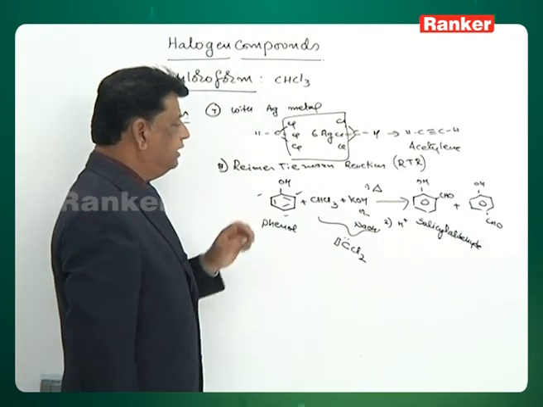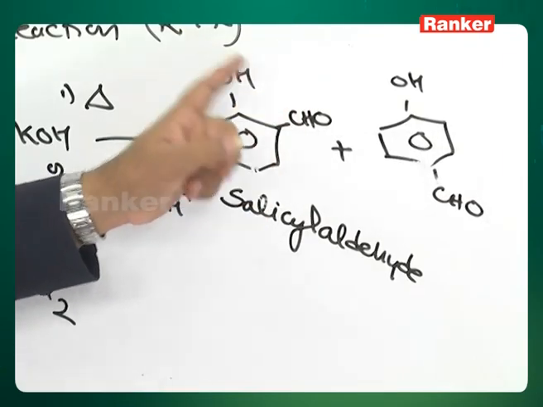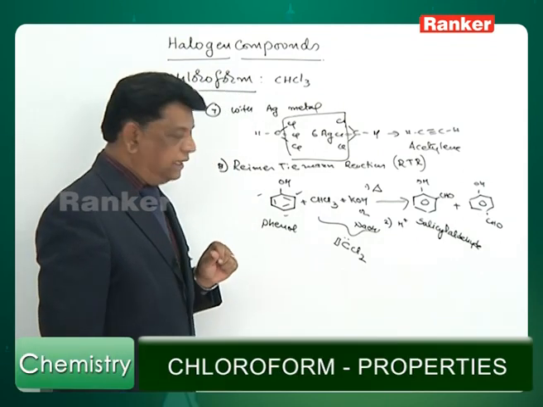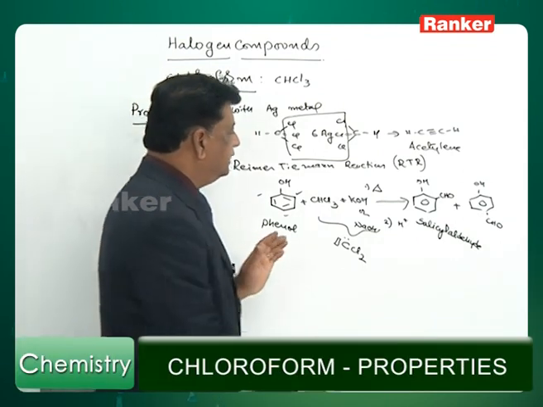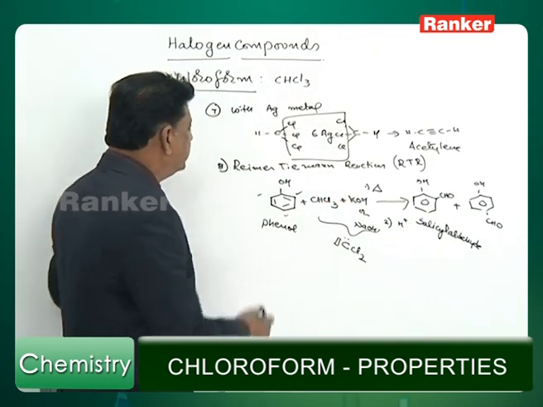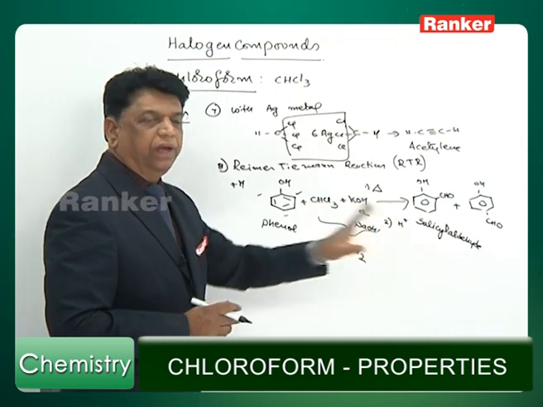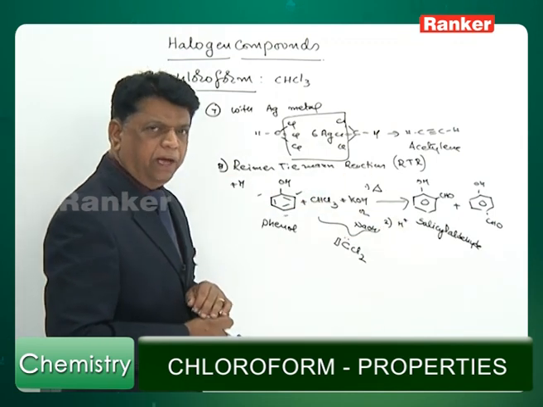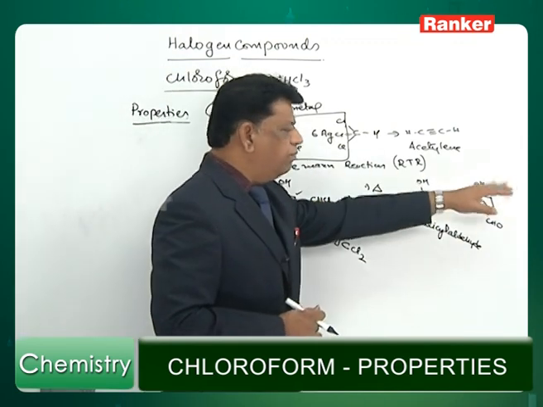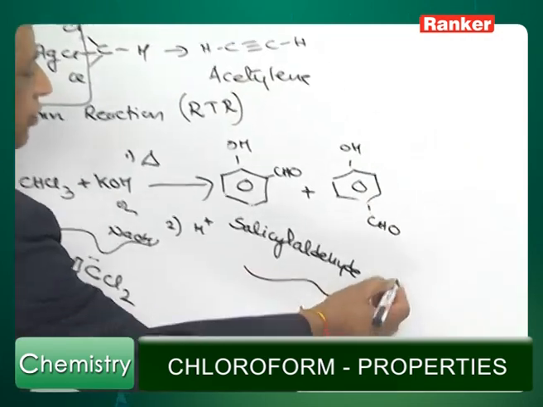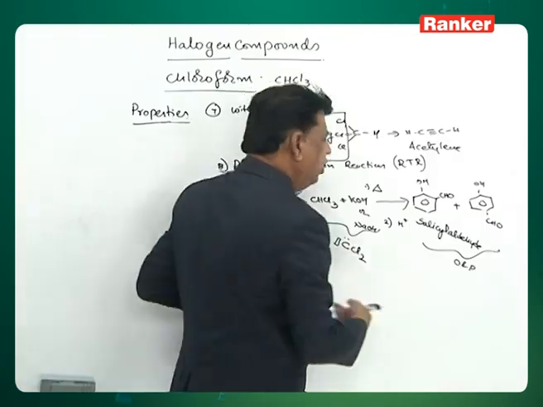The first one, this ortho isomer, is specifically called salicylaldehyde. There are one or two additional points. The OH is a plus M group, therefore ortho-para directing, that's why ortho and para will come. A very small quantity of meta may also be formed, but for all practical purposes it can be neglected. So a mixture of ortho and para will be obtained.